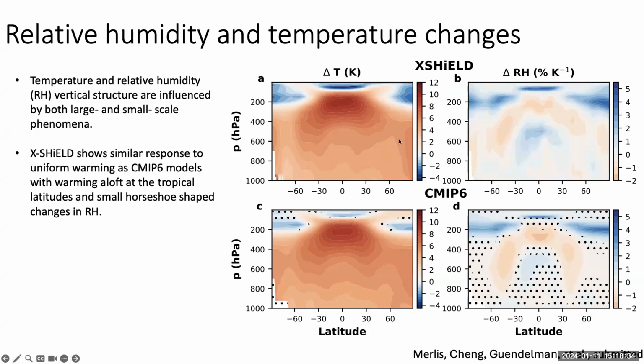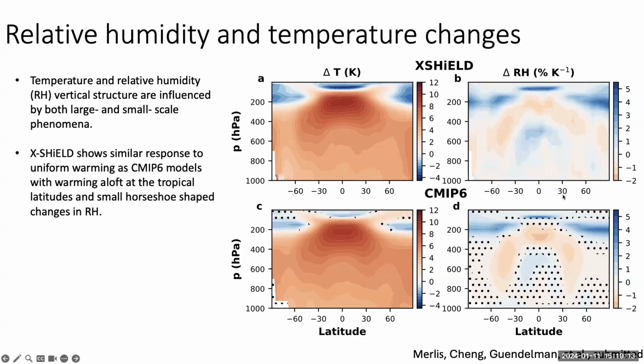We don't have a lot of differences between the XShield response and the CMIP6 response. The same thing we can say about the relative humidity, where within the troposphere the changes are very mild and basically almost zero if you take some type of mean, especially when we consider changes in Clausius-Clapeyron, which we know is 7% per Kelvin, and here the changes are again in percent per Kelvin for the relative humidity.